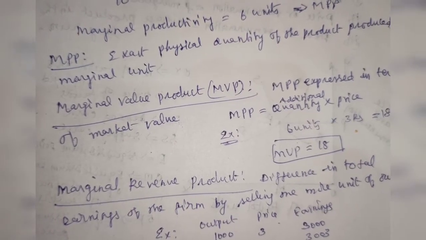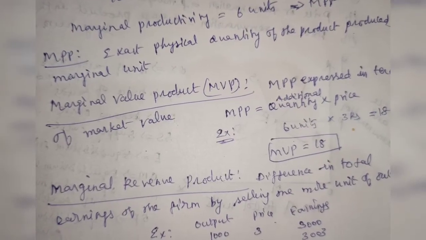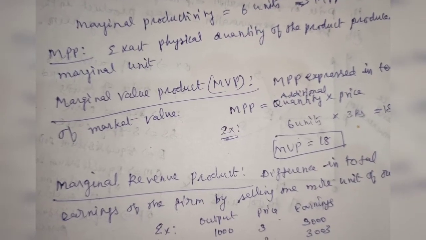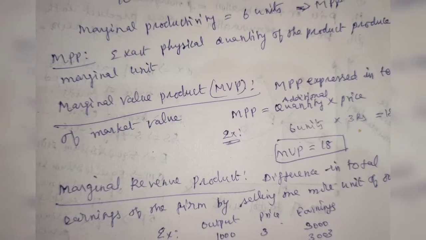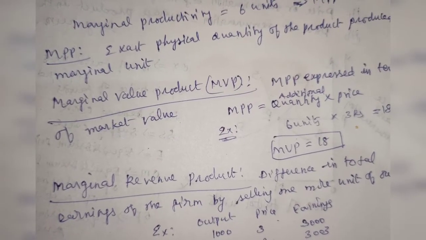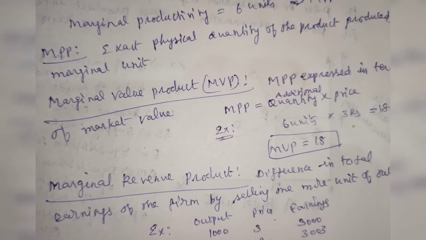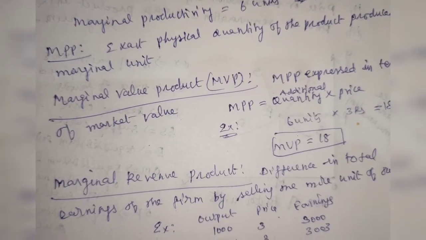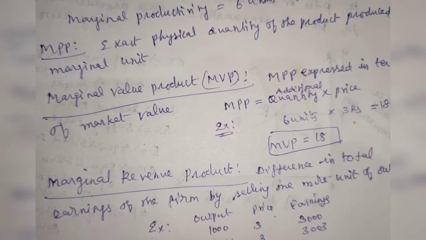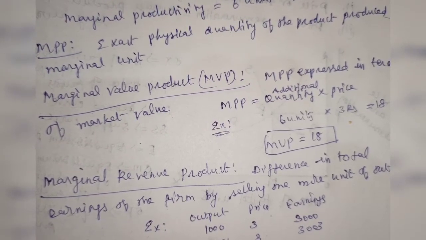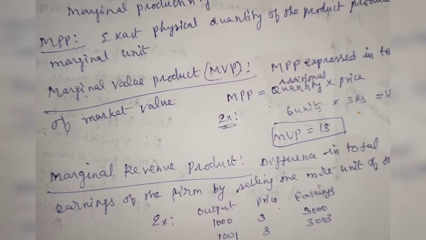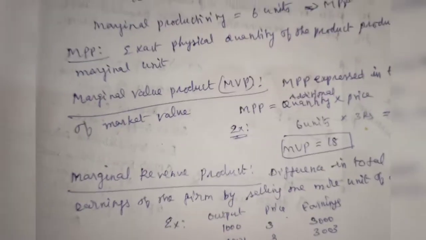In the initial stage, the firm is getting 3000 rupees total revenue, and then with the addition of one laborer, at the same price of 3 rupees, the total revenue will be 3003 rupees. This is not real; the example is given just for simple understanding. So this difference of 3 rupees is called the marginal revenue product.